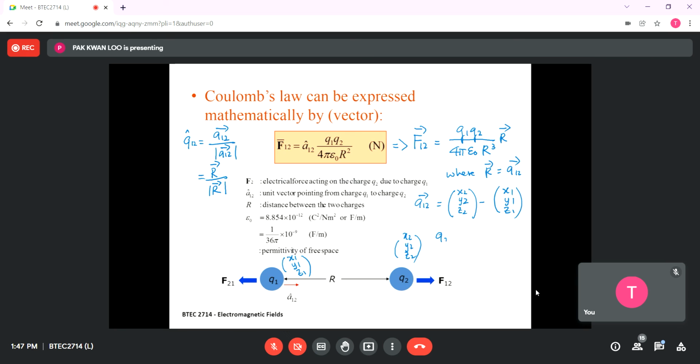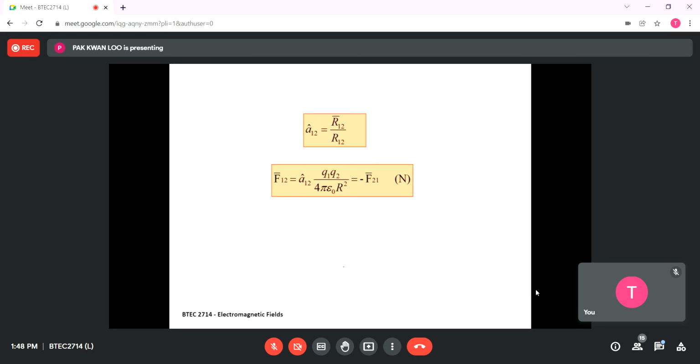Otherwise, if it is A21, that means the vector pointing from Q2 to Q1, so this is x1, y1, z1 minus x2, y2, z2. Once we know this vector, subsequently we can calculate the magnitude of the vector.